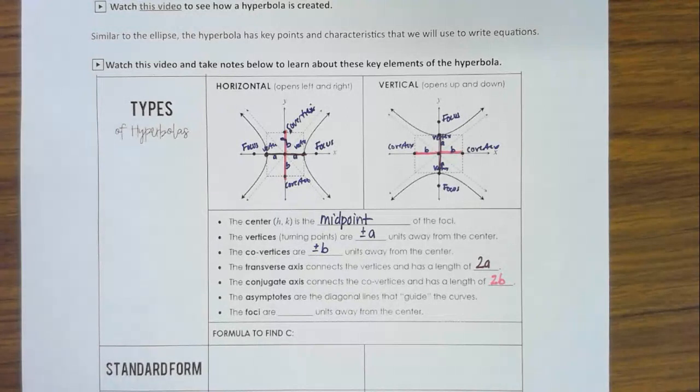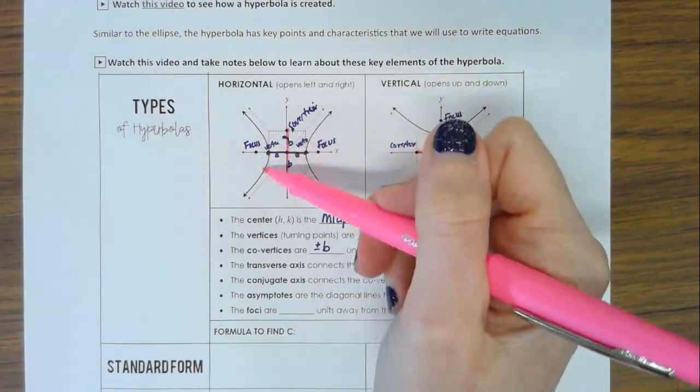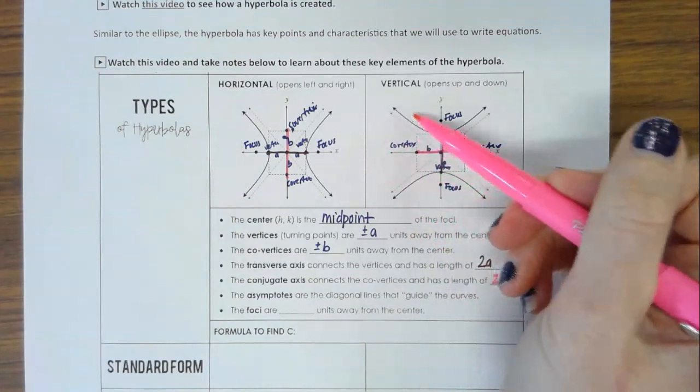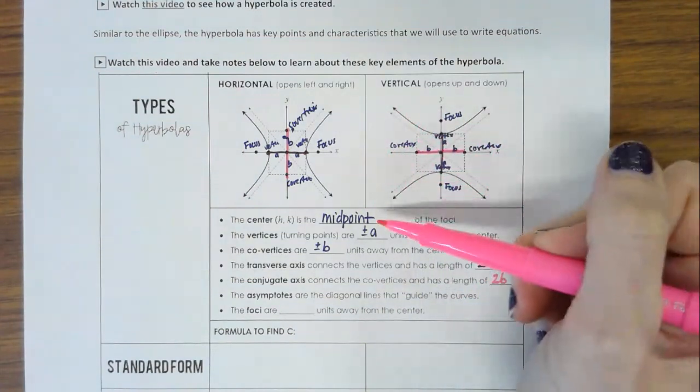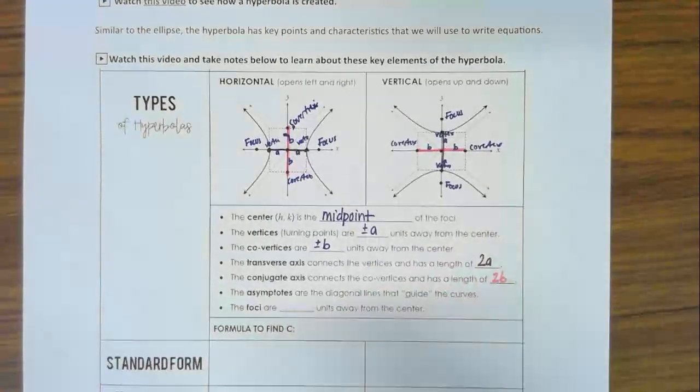The final thing that we're going to talk about when we are looking at our branches is to figure out how exactly, we know where the turning points are at our vertices, but if we want to know exactly how these branches are opening up and down or left and right, what we're going to create are two asymptotes. And we know that asymptotes are lines that as your x values increase towards positive or negative infinity, it's what your graph approaches.